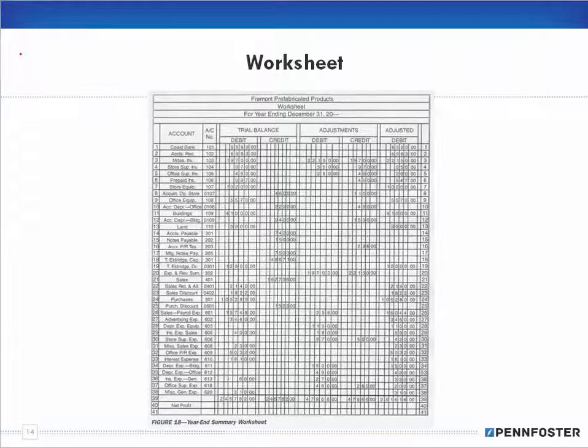Because at the end of the accounting period, the bookkeeper creates the trial balance, the unadjusted trial balance. And from that trial balance, the first two columns of the worksheet just repeat the information. Now remember, this is a paper form.